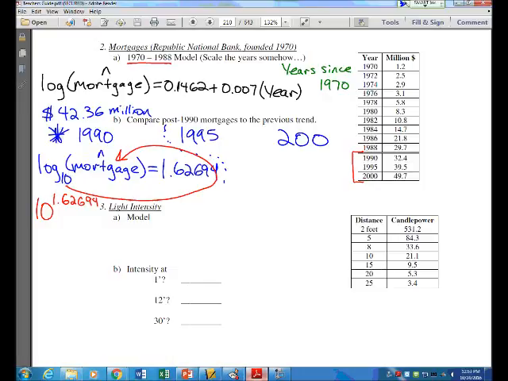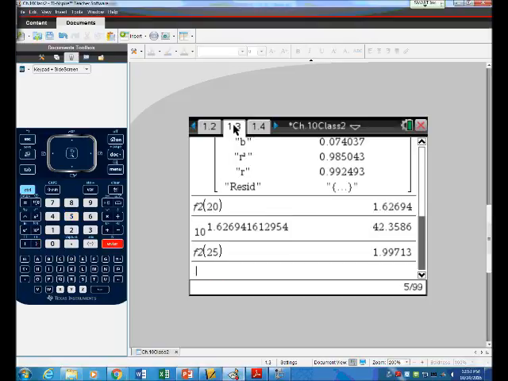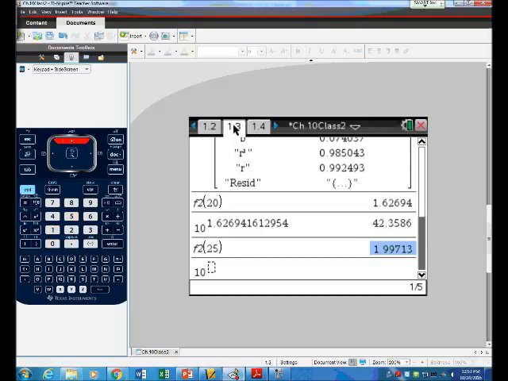So I'm going to go ahead and do that for 1995 and 2000 and see what we get. So F2 of 25, and again, that's not the actual number. I have to do 10 to that power. And that one is 99 million. So wow, that's really high, 99 million. That's for 1995.